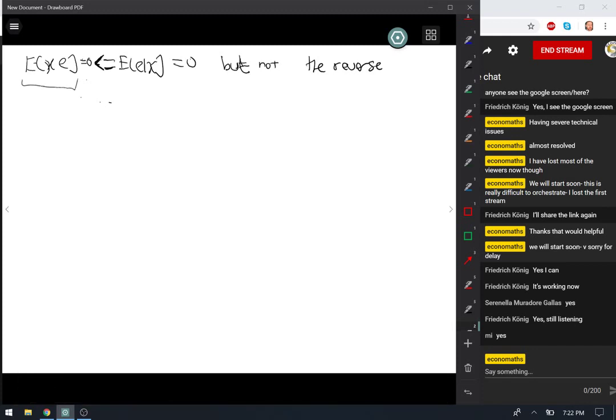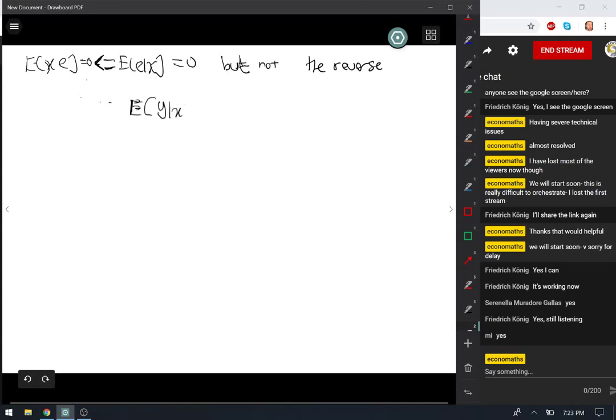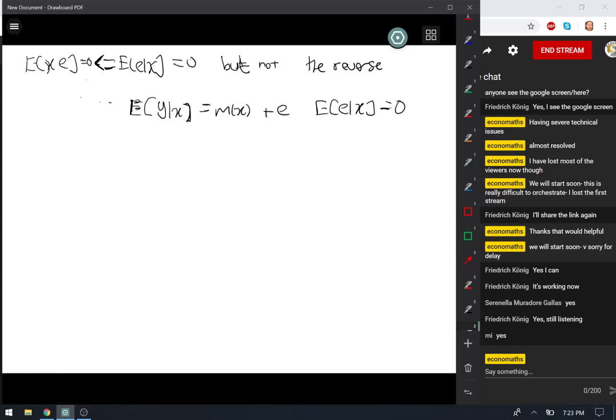But in the conditional expectation function model, as it's defined in the lectures, we have that E of y given x is equal to m of x.